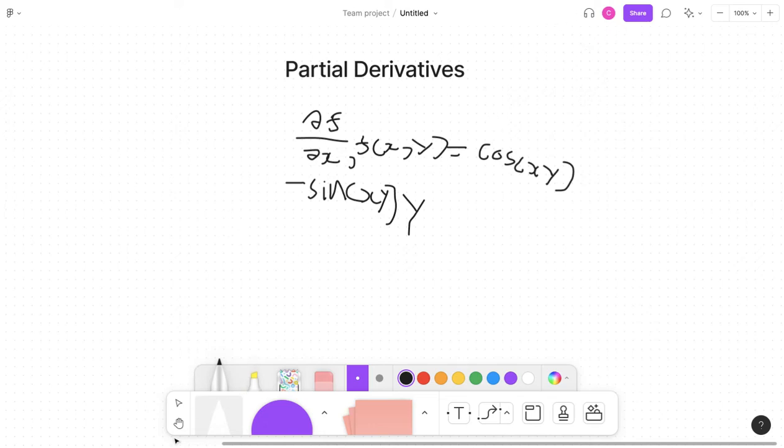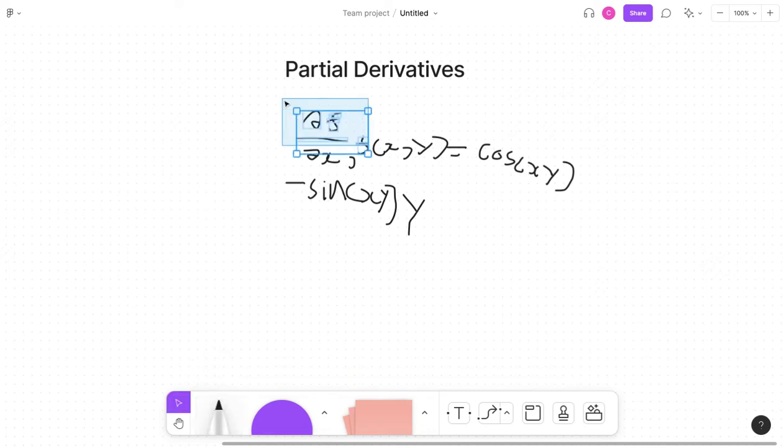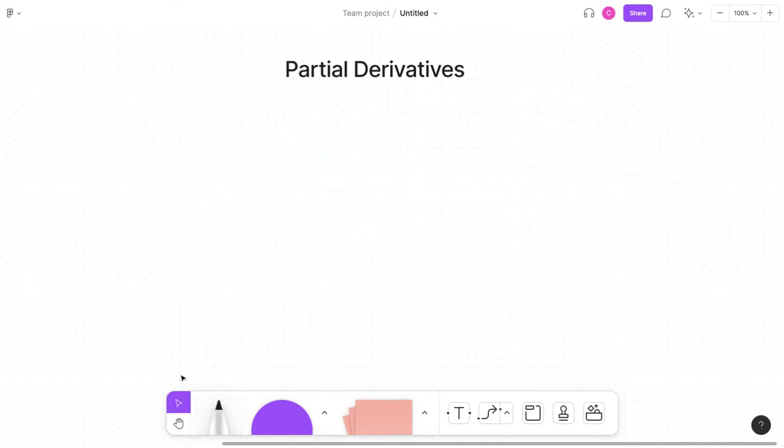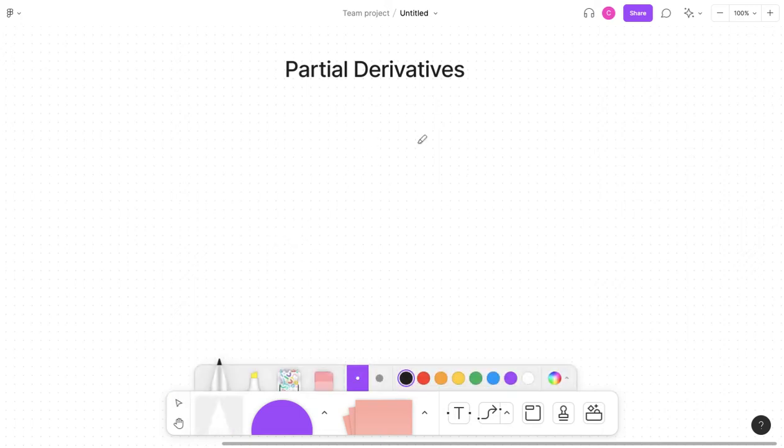So let's get rid of this. So let's take the derivative of the same function, so cosine xy with respect to y this time, so partial over partial y.